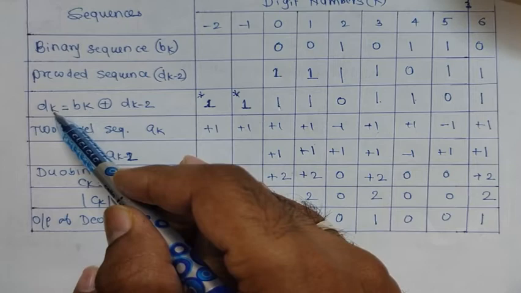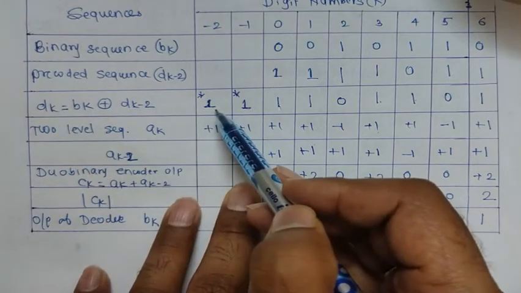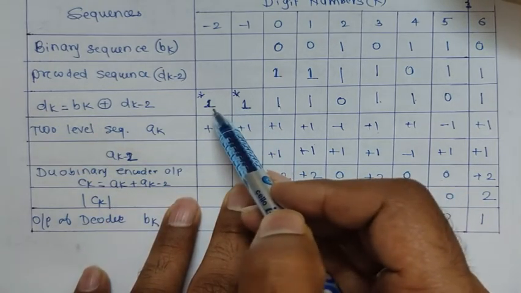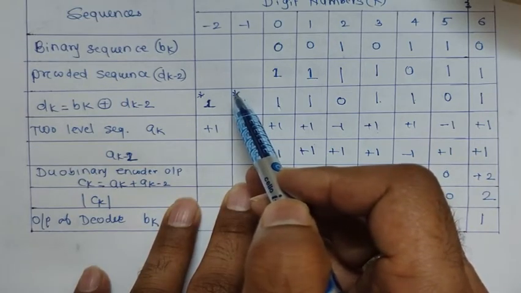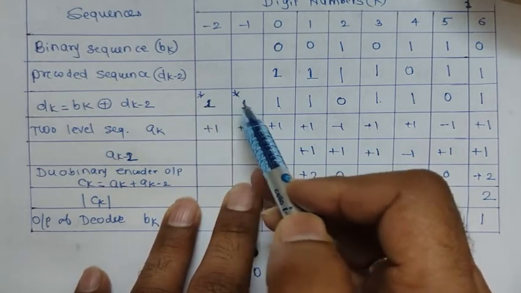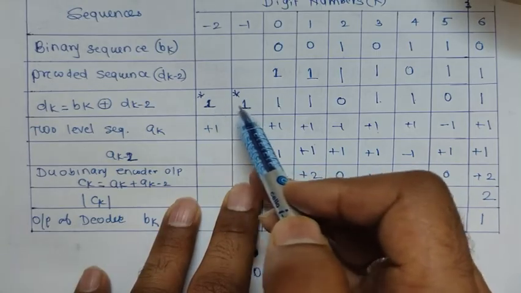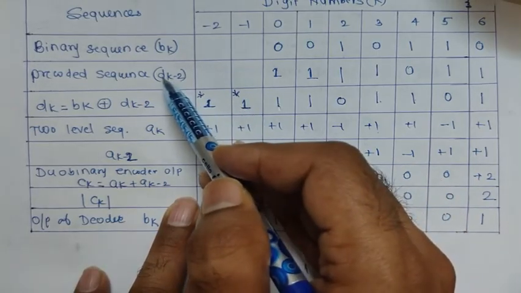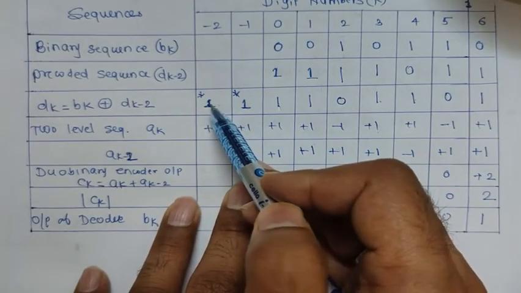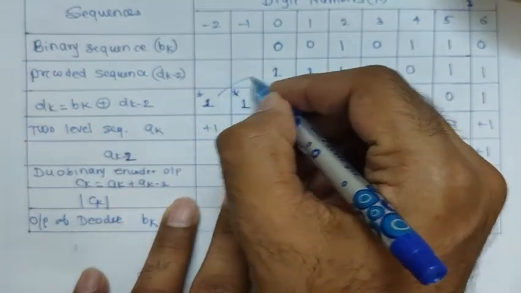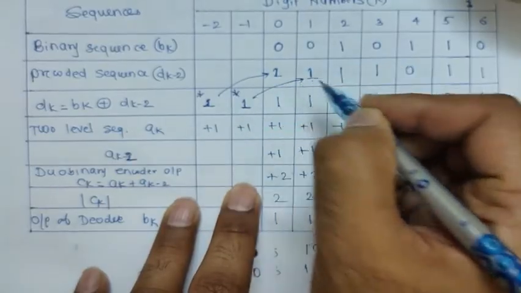Initially we can consider the value of dk as 0 or 1; I have considered it as 1, which is why I have marked it with a star. Since we are dealing with a 2-bit delay, I have considered two 1s here. Now I can write dk minus 2, since it is the delayed version of dk by 2 bits, so this one goes here, this one here, and this one here.